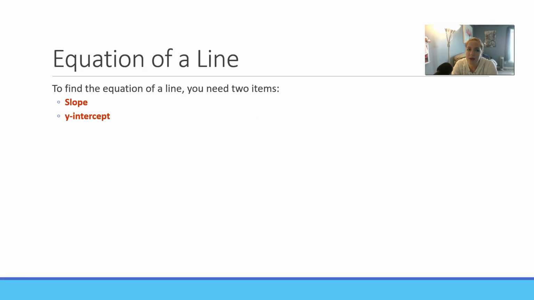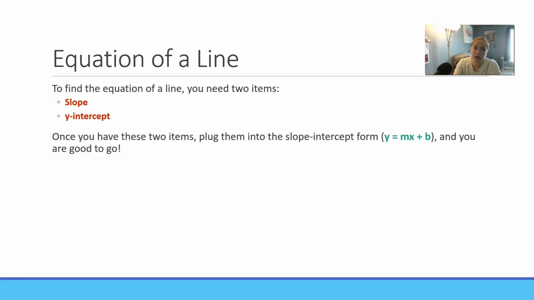So to find the equation of a line, to come up with it yourself, you're going to need the slope and the y-intercept of that line. So how do we figure this out? Well, we're going to just go through and use the information to find the slope and what we already know, use those formulas we just discussed, and then usually they'll give you the y-intercept or we'll have to solve for the y-intercept.